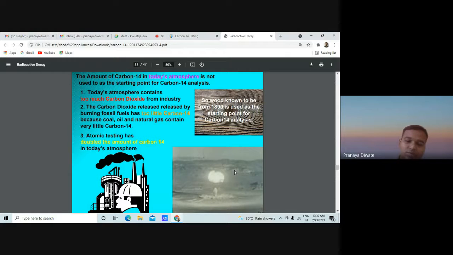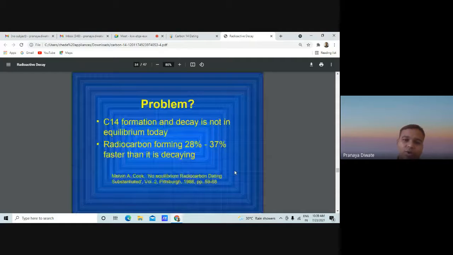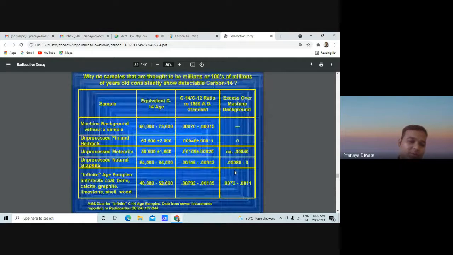So now we can see some of the problems associated with radiocarbon dating. Your hair and all this is a part of organic material.